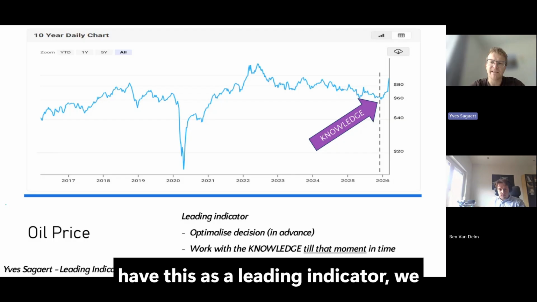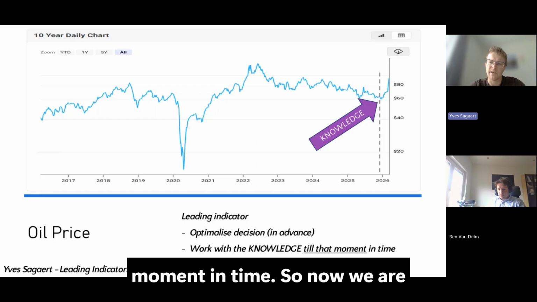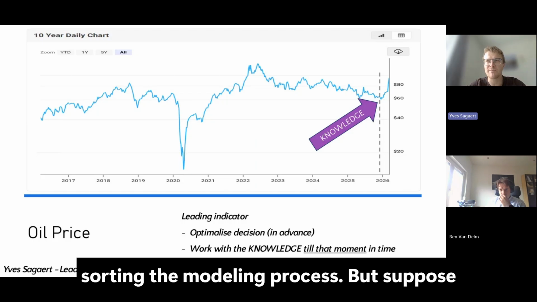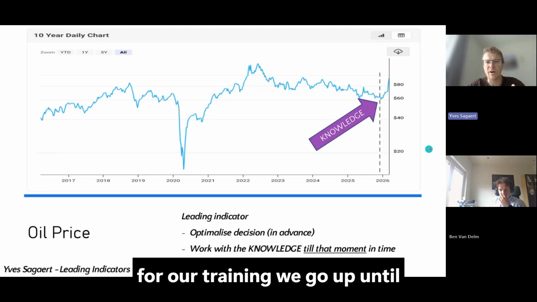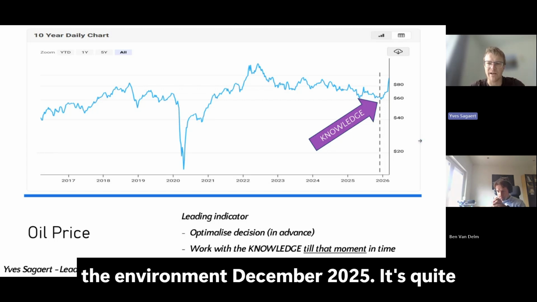Suppose we have this as a leading indicator, we start our modeling process, and suppose for our training, we go up until December 2025. So we are simulating the environment of December 2025.